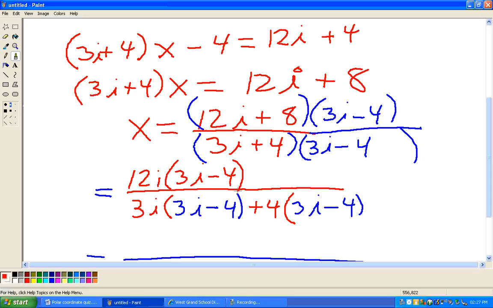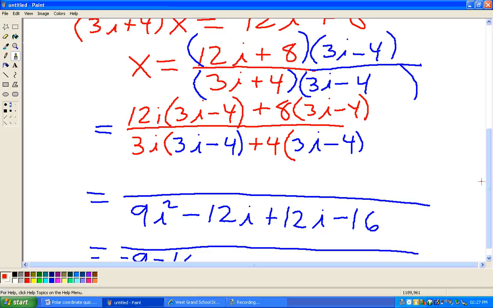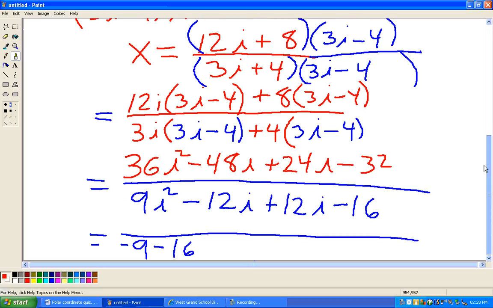Is that going to bother you if I don't switch colors at this point? 3 times 12, 36, since i squared, it'll be negative. 4 times 12, 48.